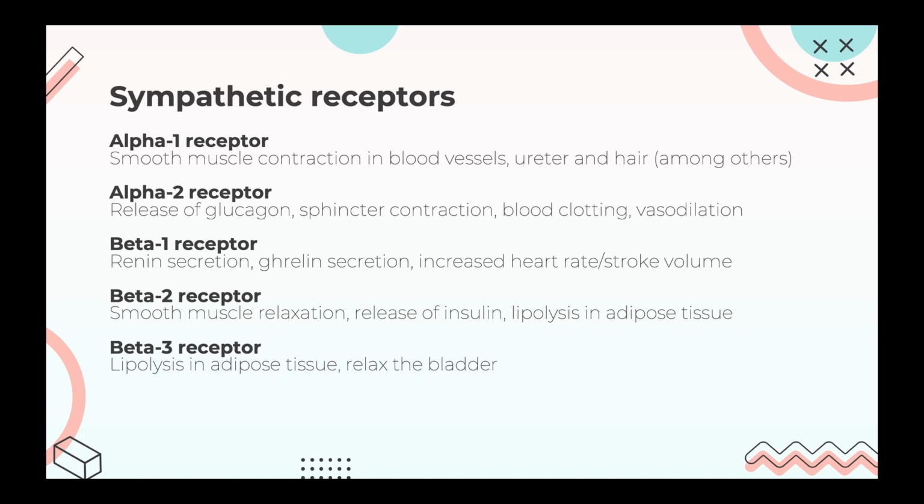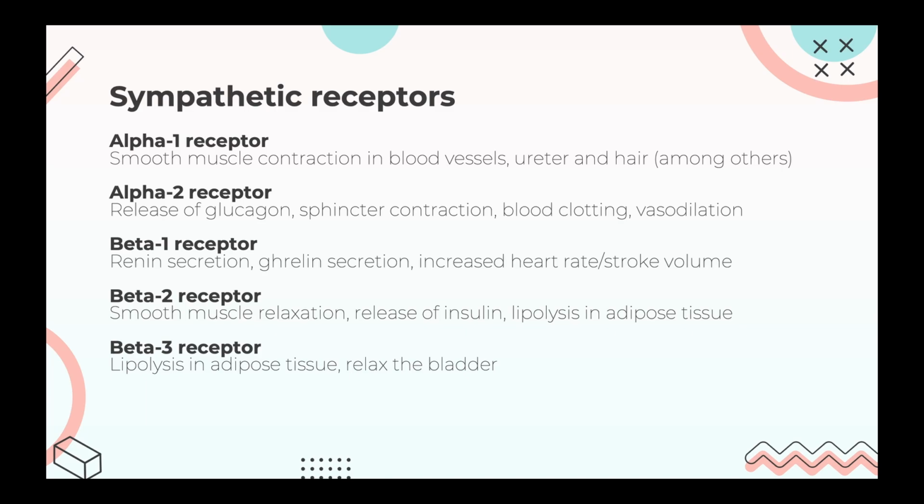Beta-2 receptors are found a lot in blood vessels. Insulin is also released by stimulation of these receptors, and it also causes lipolysis in adipose tissue, which essentially means breakdown of fatty tissue.